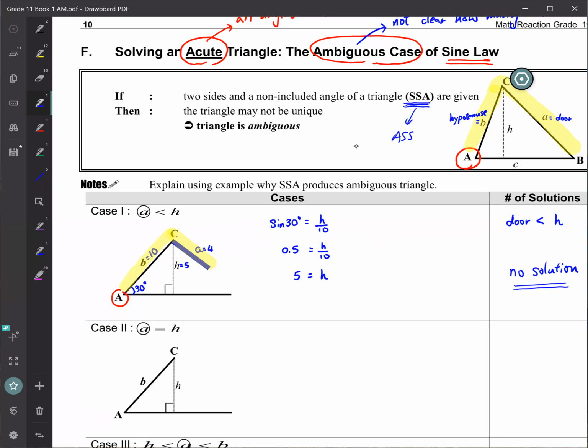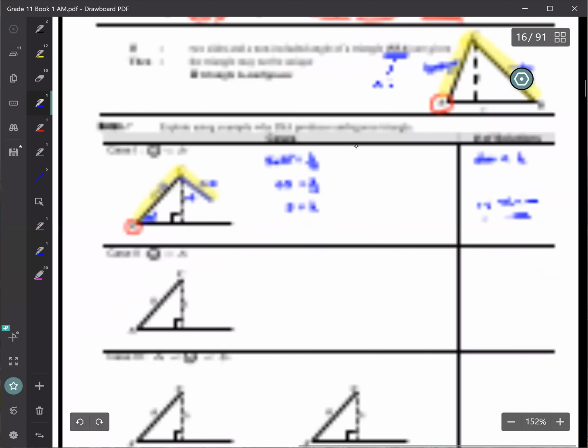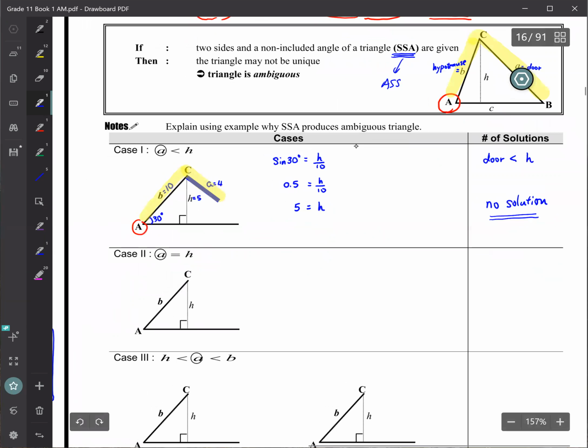All right, let's look at the second case. Second case, we'll use the same example, 30-degree angle A. Now, this time the height and the door are the same, okay? This one is still 10, this one is still 5.